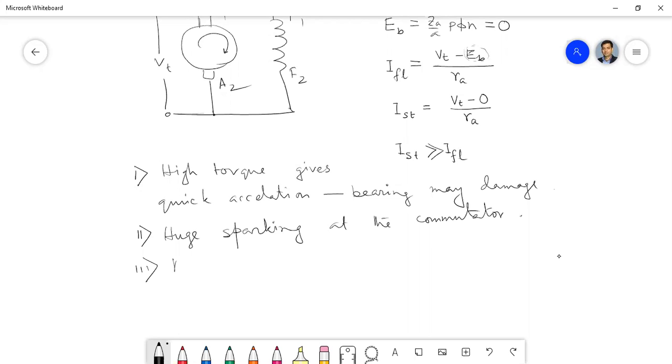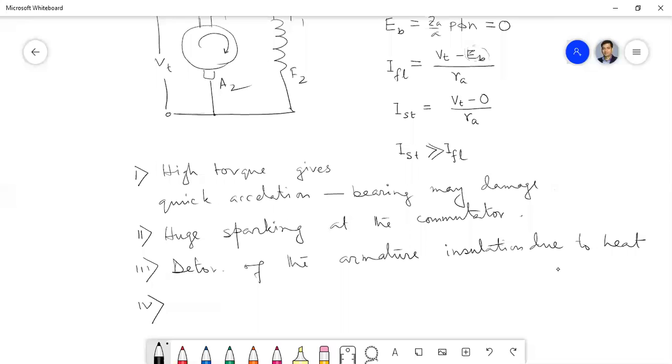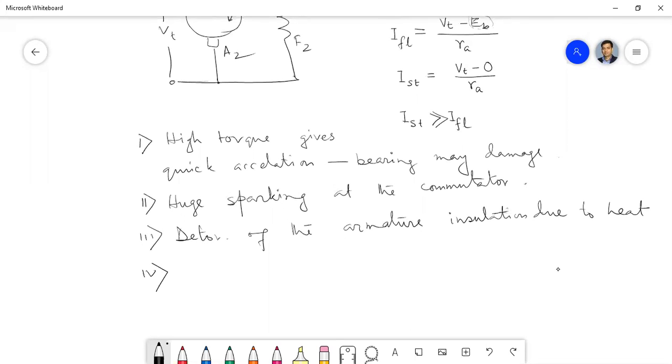So that means it will create deterioration of armature insulation due to heat. And the most important point is that it will create a problem for other devices which are connected at the same line.